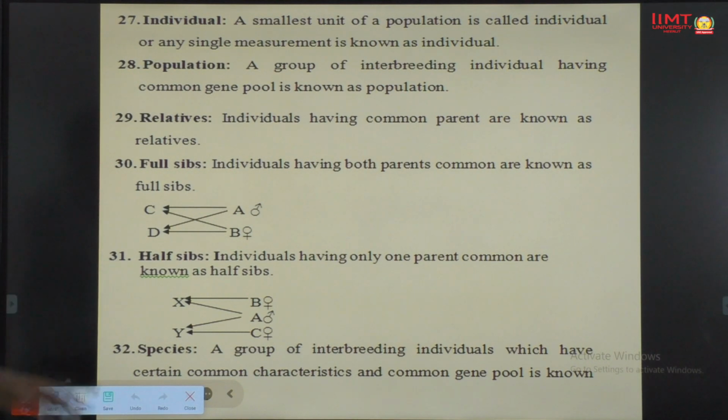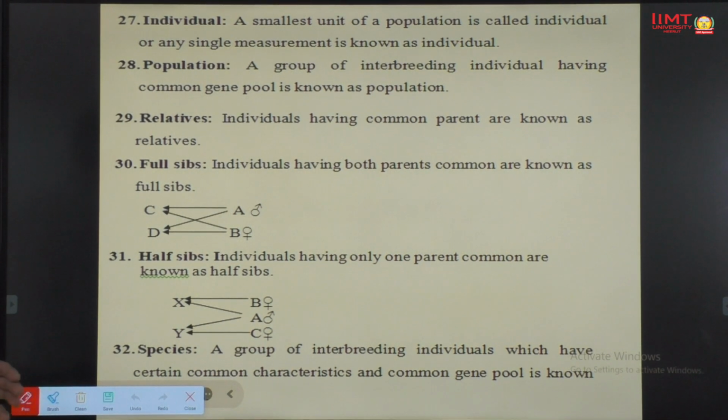The father of C and D is common, and mother B is also common for C and D. Hence, you can say C and D are full sibs. Examples of full sibs are real brothers, real brother and sister, or two real sisters. Here I told about half sibs.